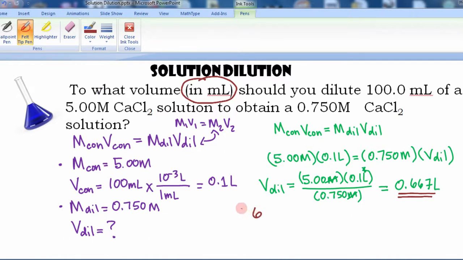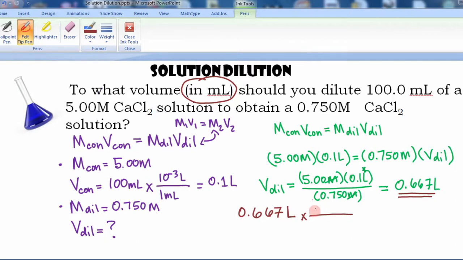So we have 0.667 liters, so that must be changed to milliliters.